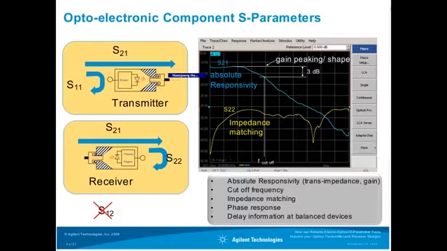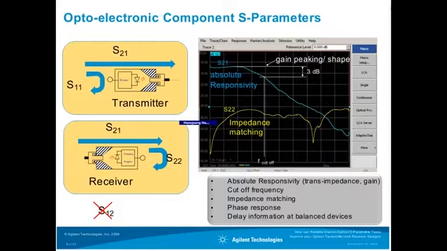We are interested, for instance, in the 3 dB bandwidth, that's basically the roll-off by 3 dB from a low frequency start point. You're also interested in how much gain peaking this component has. And looking at how well this is matched to some driving or receiving circuitry, you're really interested in the impedance matching.